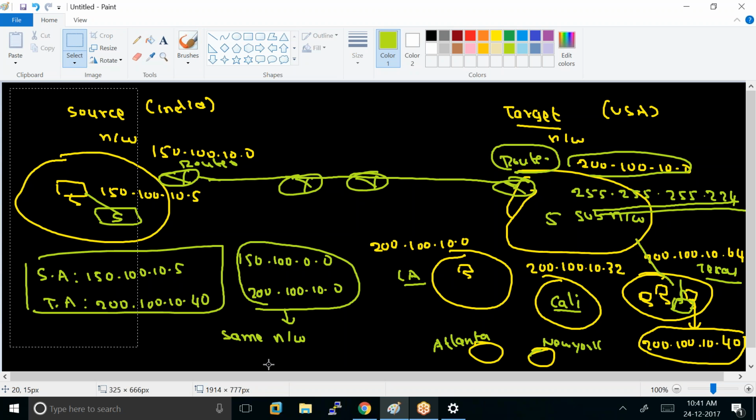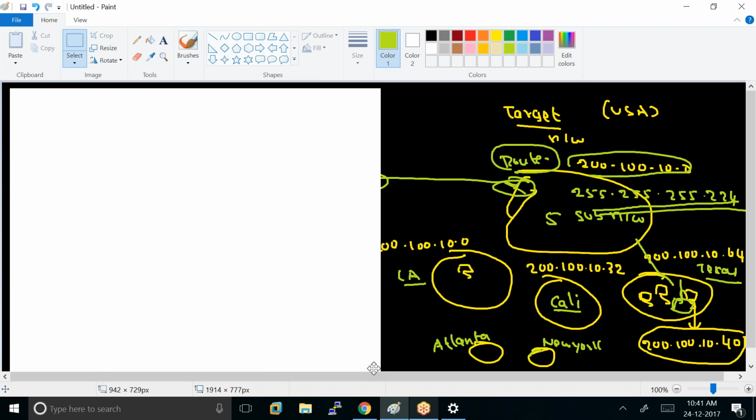Let me take this part so that we complete the discussion. We have the following subnet mask: 255.255.255.224.